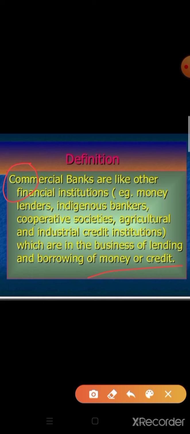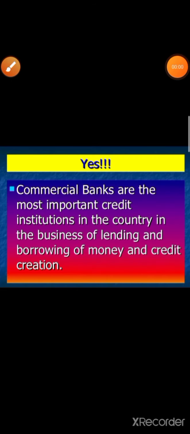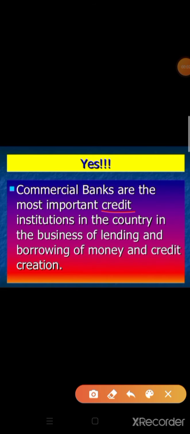Commercial banks are the most important credit institutions in the country in the business of lending and borrowing of money and credit creation. In our day to day life we see many banks around us, even around our homes. All these banks are commercial banks.